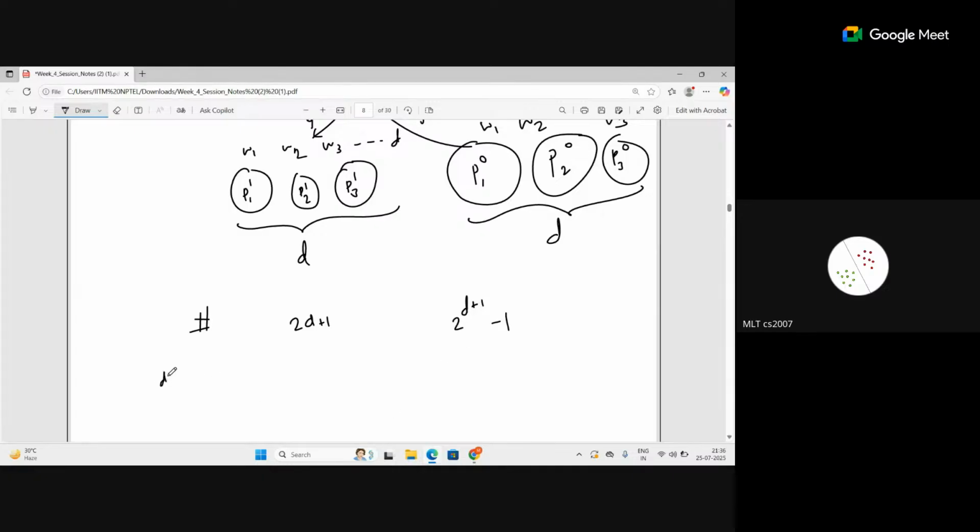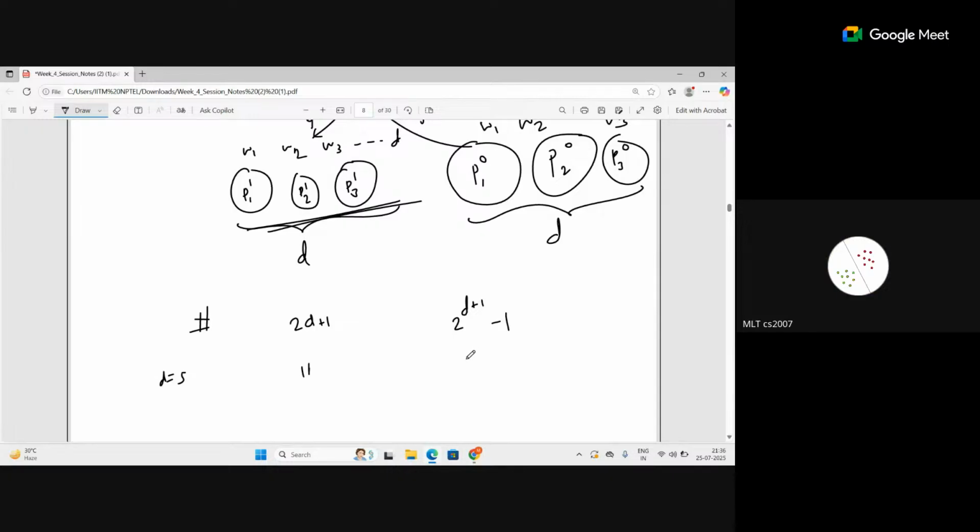If you have D equals 5 features, then by the previous approach I need to estimate 2 to the power 5 minus 1 plus 1, that is 31 plus... and here it is 5 plus 1, 6. So 2 to the power 6 is how much?